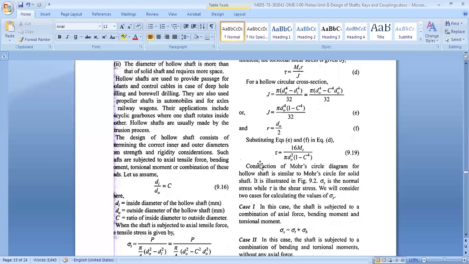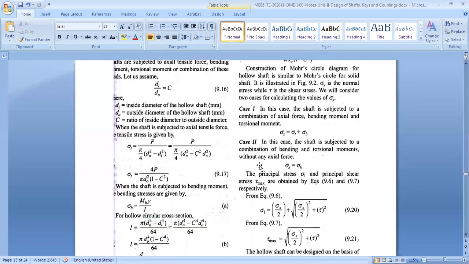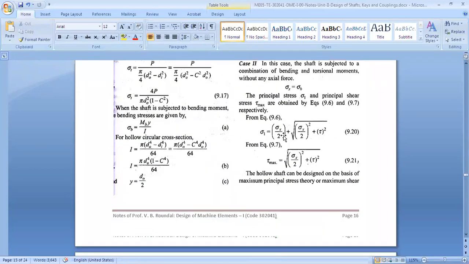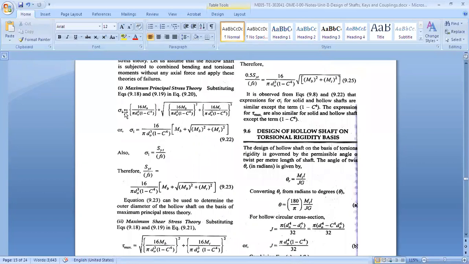So we got the normal stress, bending stress, and shear stress for the hollow shaft. Now we'll try to put those in our principal stress equation. If we put those in sigma 1, the maximum principal stress theory, sigma b is equal to 16 Mb upon pi do cube into 1 minus c raised to 4, and shear stress tau is equal to 16 Mt upon pi do cube into 1 minus c raised to 4.